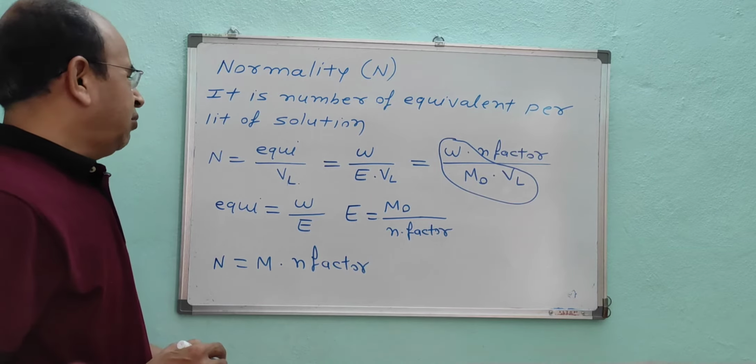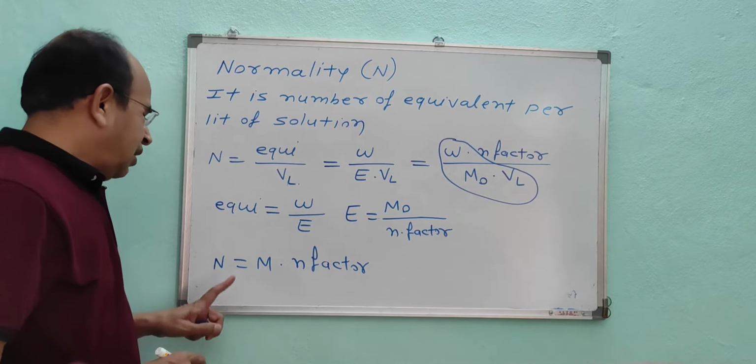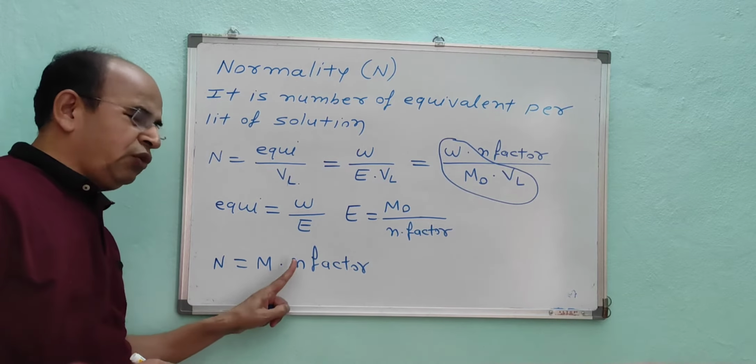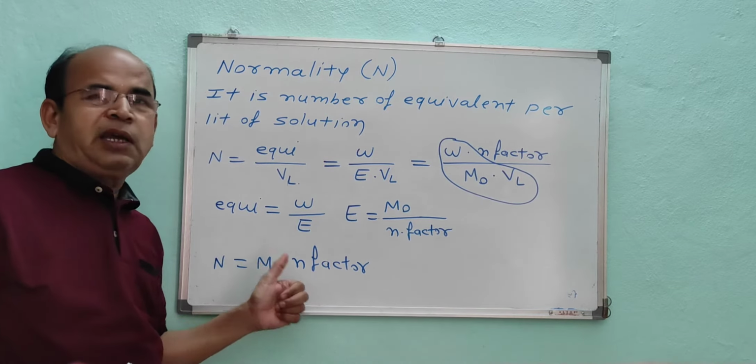So what is the relation between normality and molarity? The relation is N is equal to M into N factor. So normality is equal to molarity into N factor.